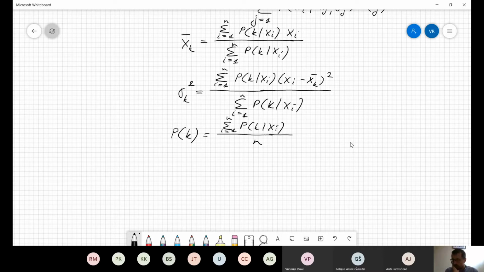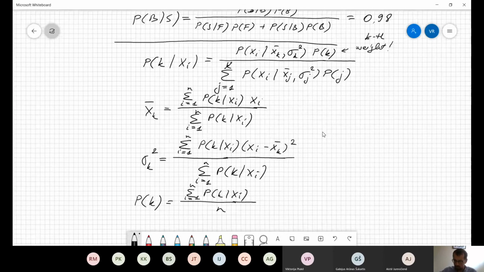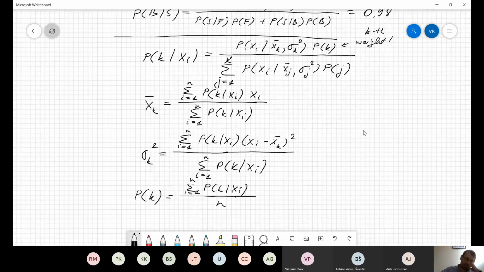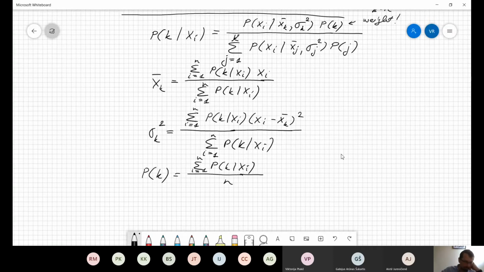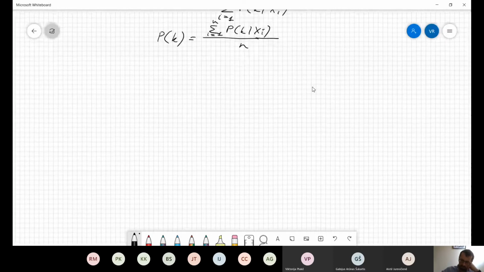This gives us a way that if we sum up the weights for all the clusters, we will get 1. Having said that, we now have all the bits and pieces for the GMM algorithm, so we can go and write it down. It will be rather quick.